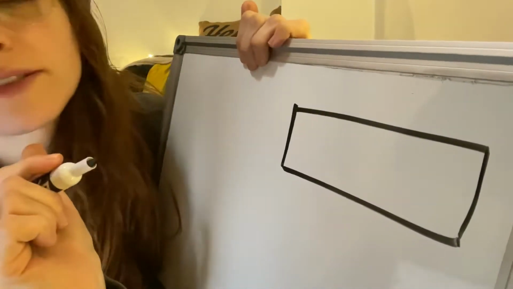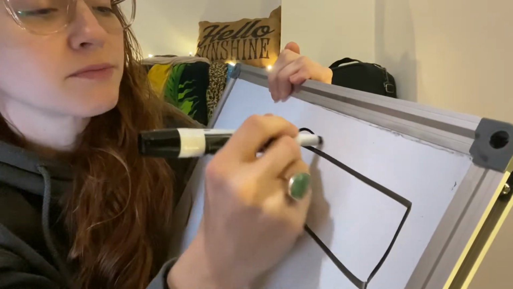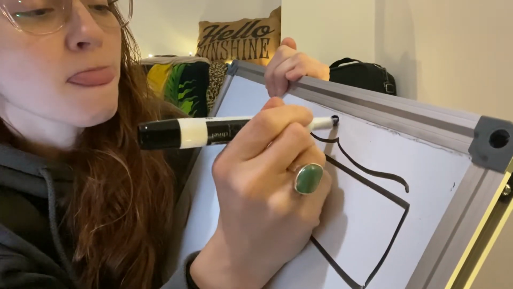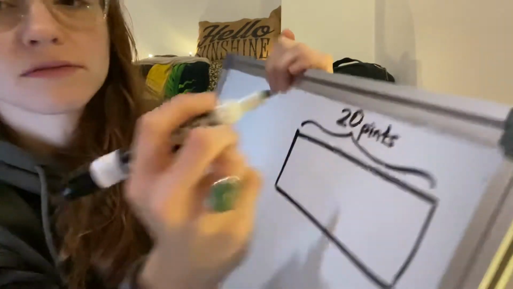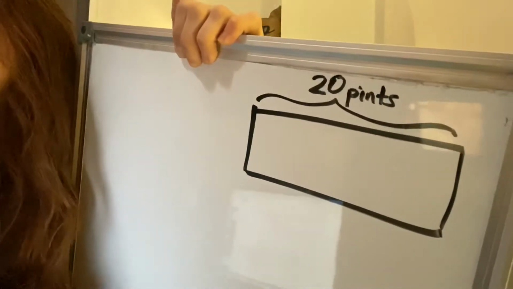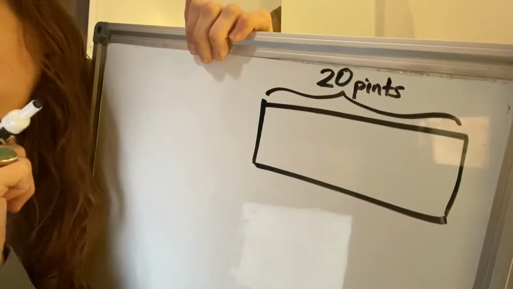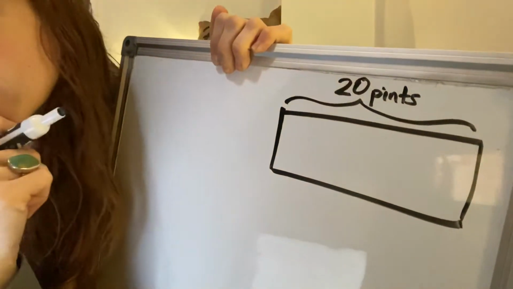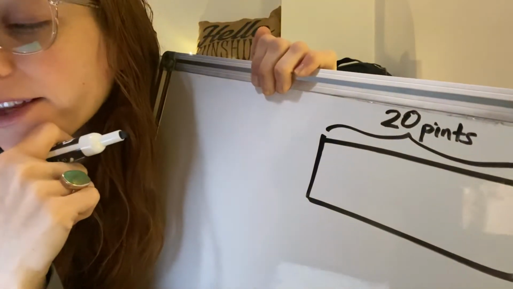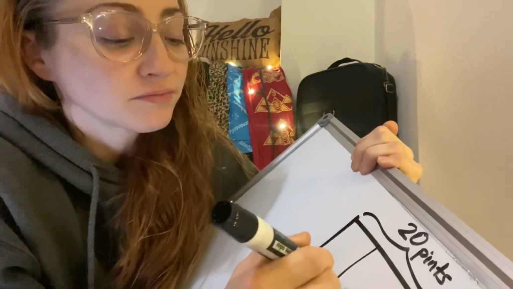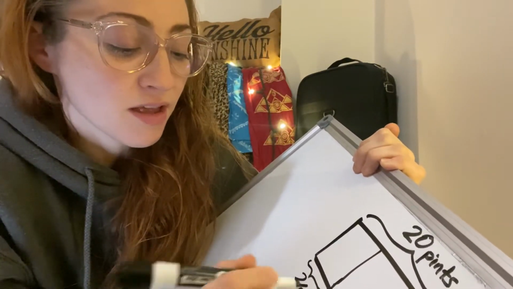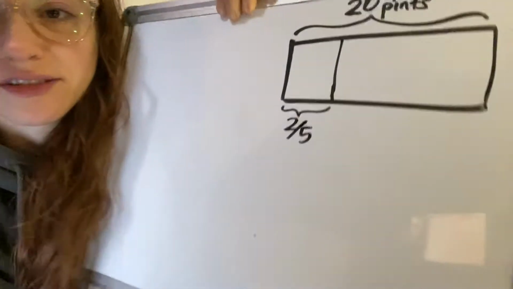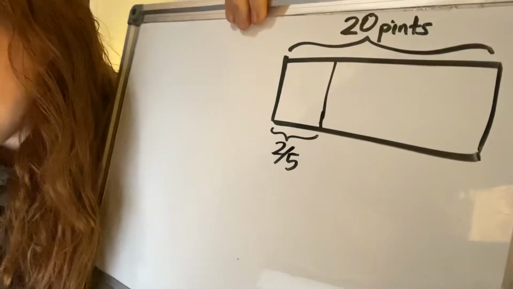It says Matilda starts out with 20 pints of green paint. 20 pints is our whole. She uses 2/5 of it to paint a landscape. So 2/5, okay, to paint a landscape.